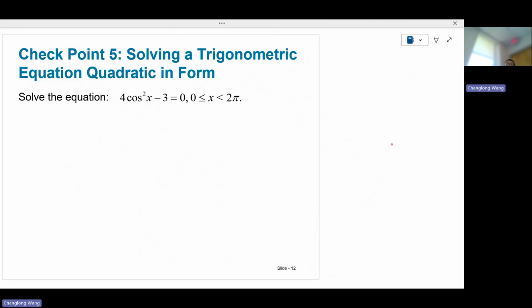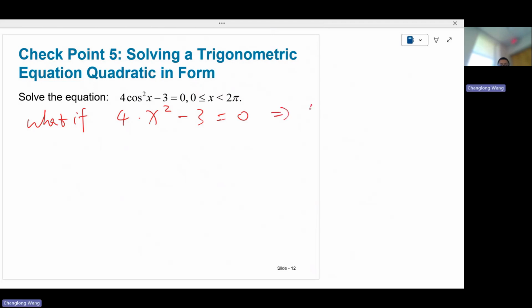Can you guys figure out how to isolate the cosine x from that equation? And this is what you should be thinking: what if it's 4 times x squared minus 3? How would you isolate the x?